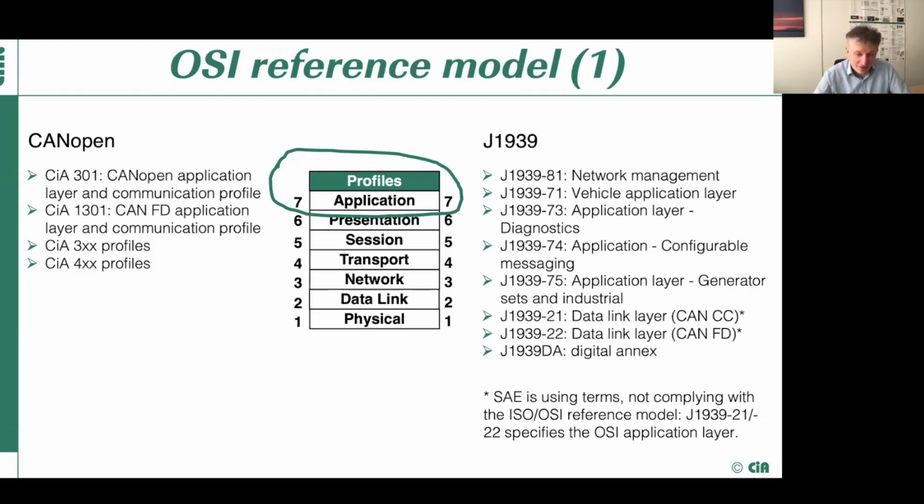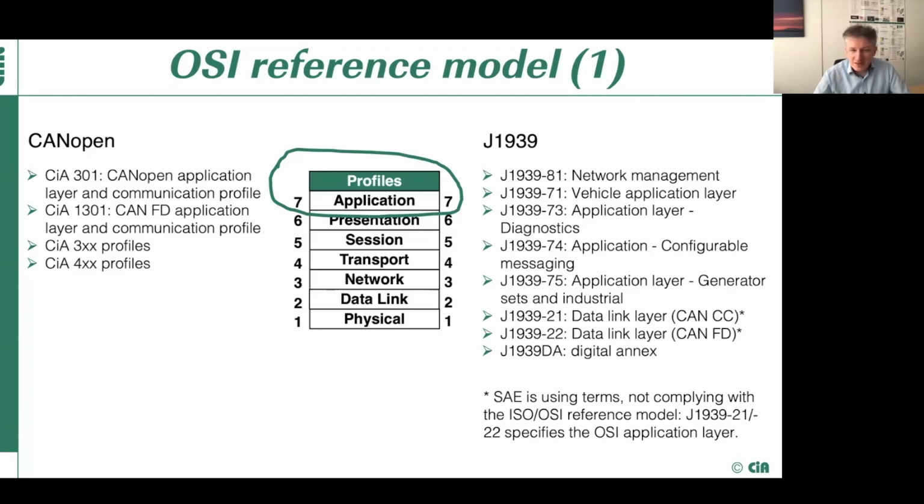CAN-FD offers more than 8 bytes of data, actually 64 data bytes for process data payload, and can also be transmitted at a much higher speed than classic CAN, meaning not only 1 megabit, but up to 5 megabit. Especially it has a specification in J1939, which covers exactly the 5 megabit and 2 megabit bit rates of CAN-FD.